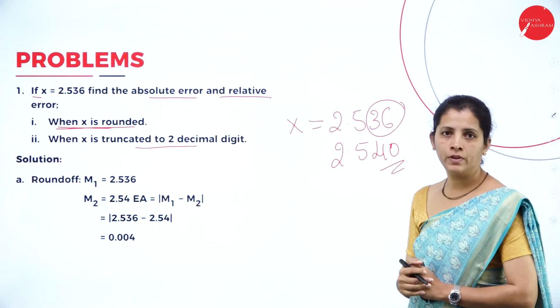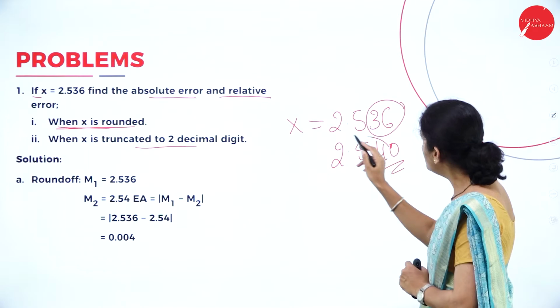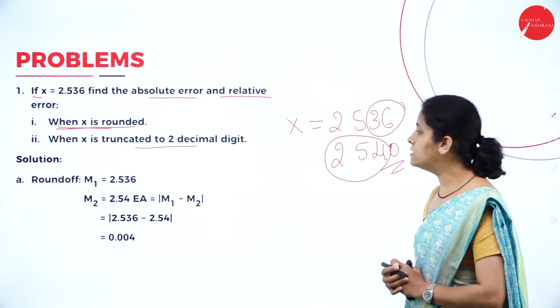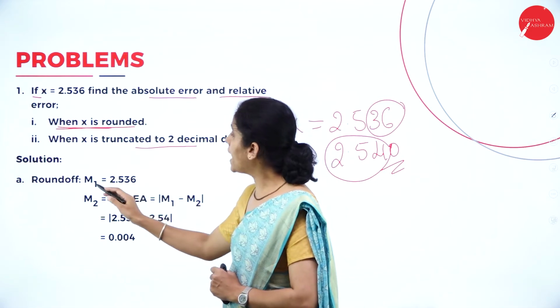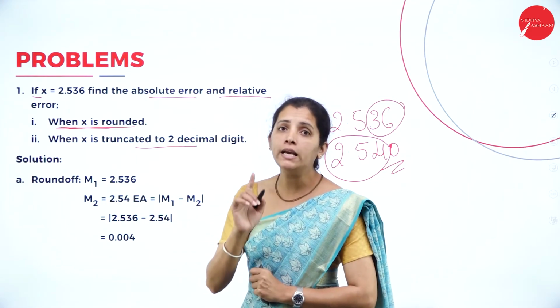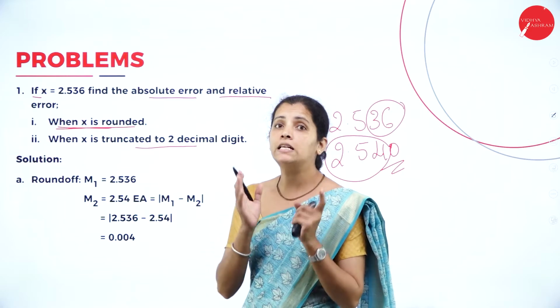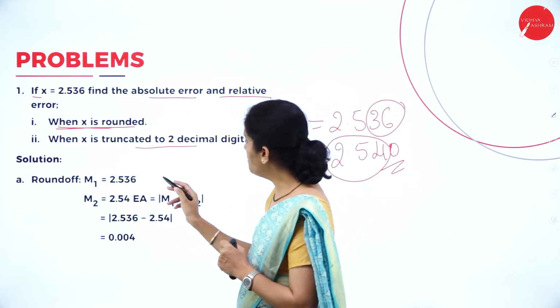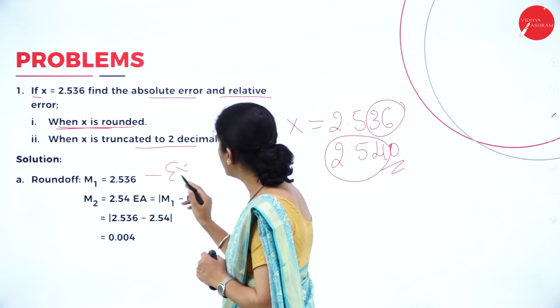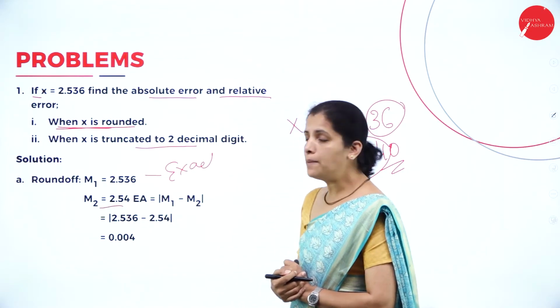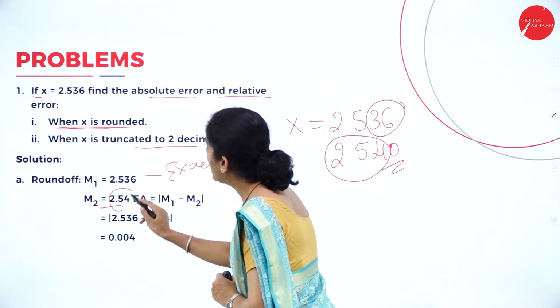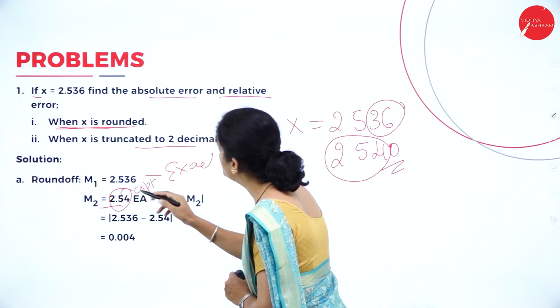When I round the number, I am going to consider 2.54. What is M1? Here, M1 is the exact value. Then M2 is my approximate value.